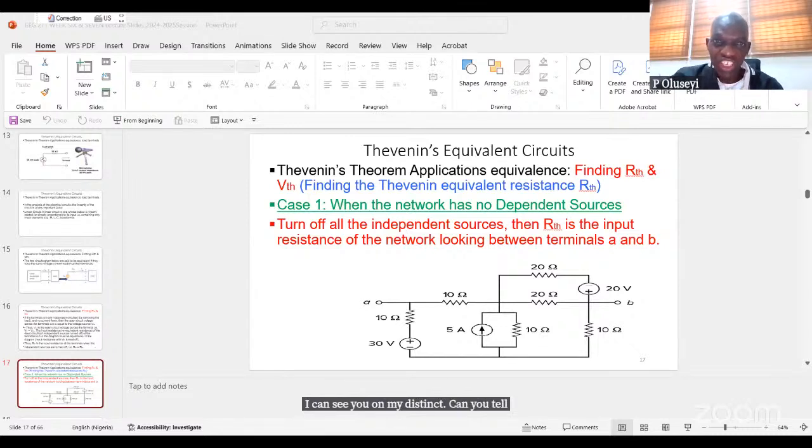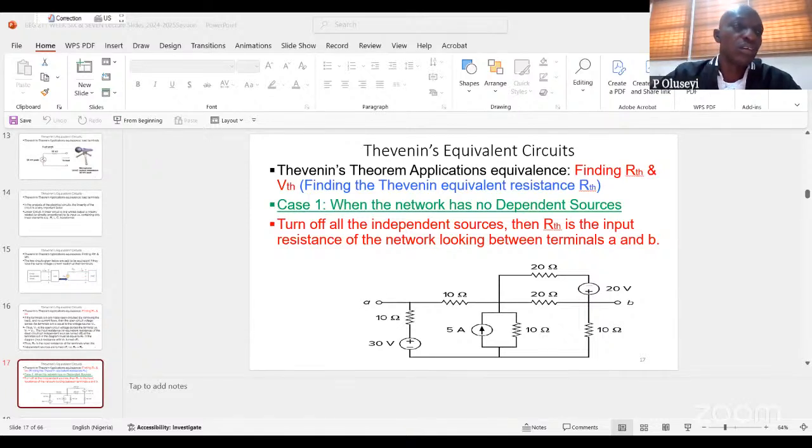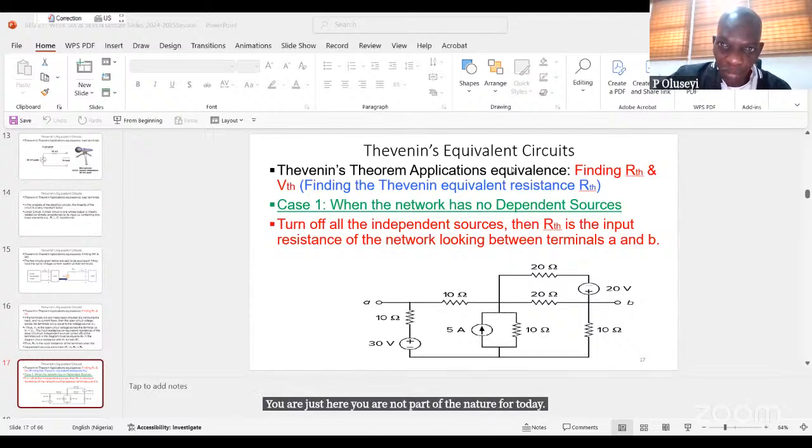Adibe Ifeoma, you didn't write your name properly. Write your name properly. You have not come to this class, so as far as I'm concerned, you are just here. You are not part of the lecture for today if you don't write your name properly.